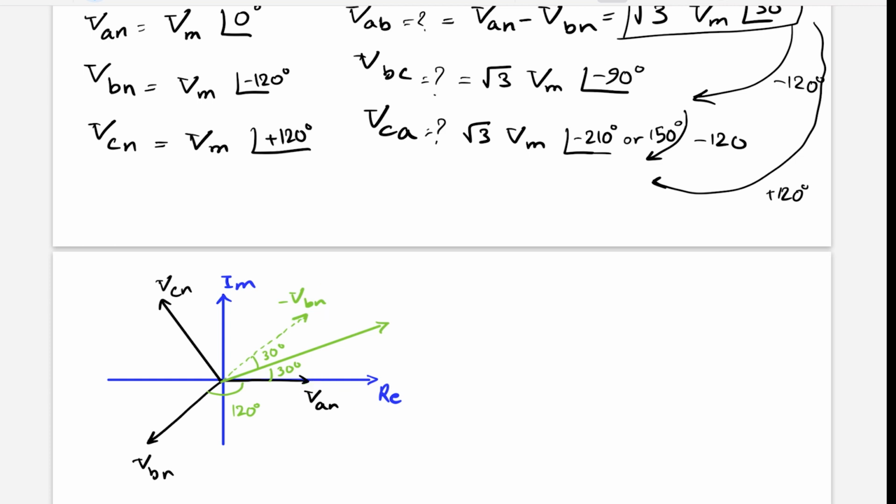So the overall will be radical 3, or square root of 3, times their magnitude. So if VAN has a magnitude of Vm, then this will be radical 3 Vm.